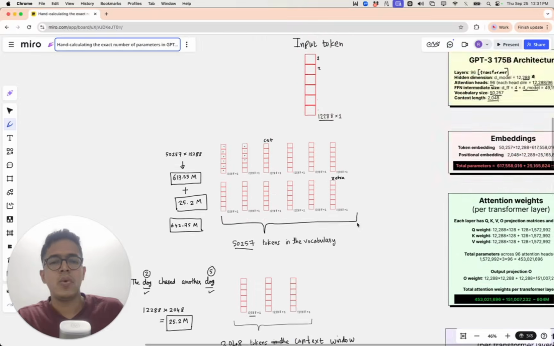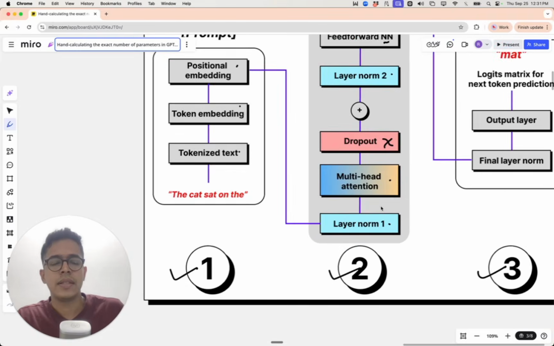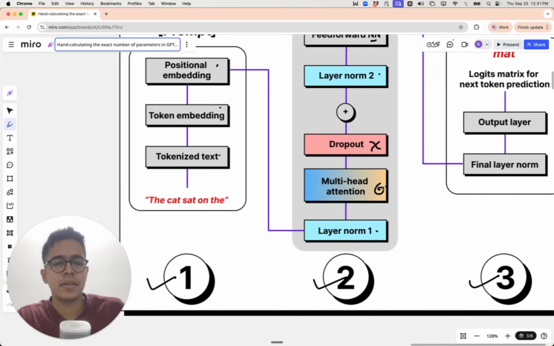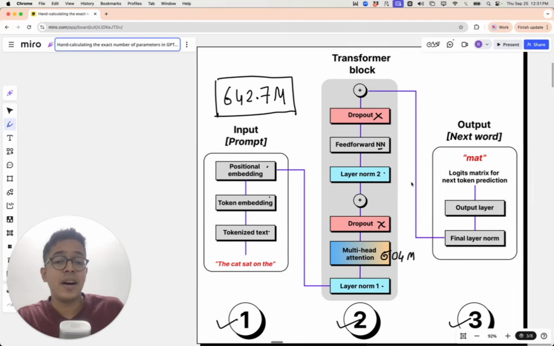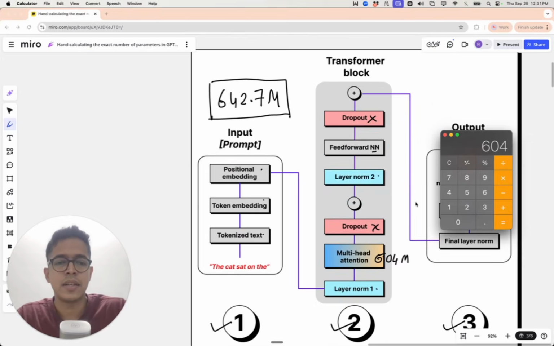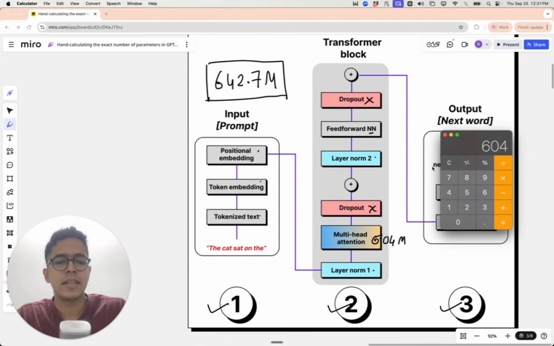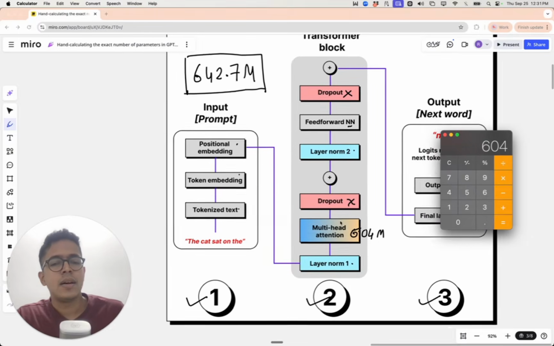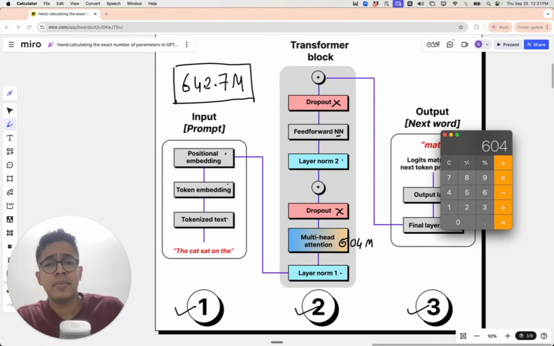So we can note this down over here, 604 million parameters. We are still far, like a long distance. Oh, I'm sorry. Let me just make sure that, yeah, it's correct. 604 million. Yeah. We are still far away from the 175 billion, but we will soon get there.